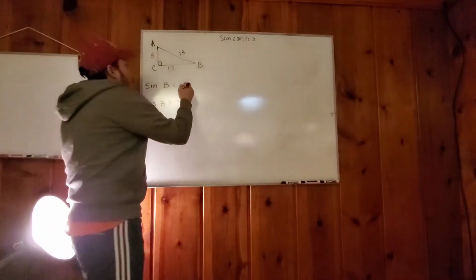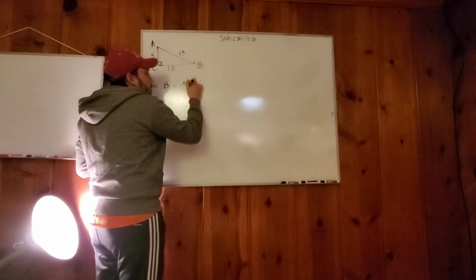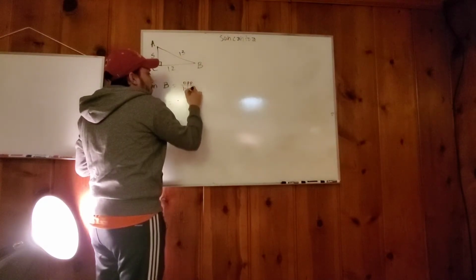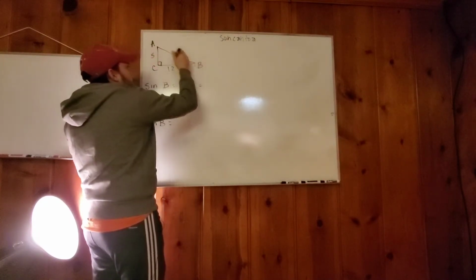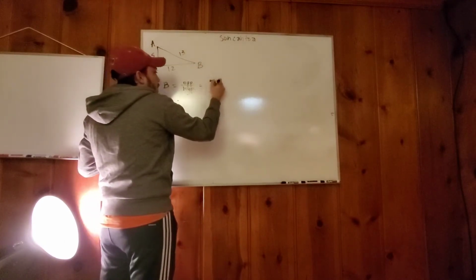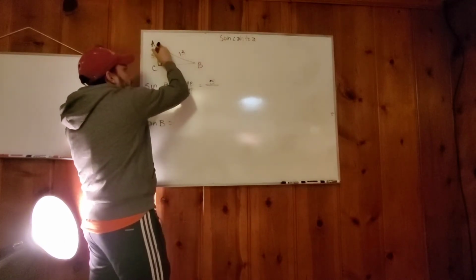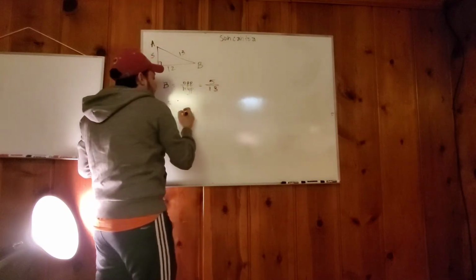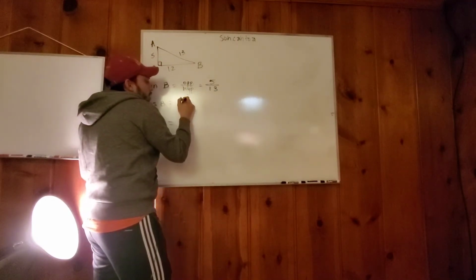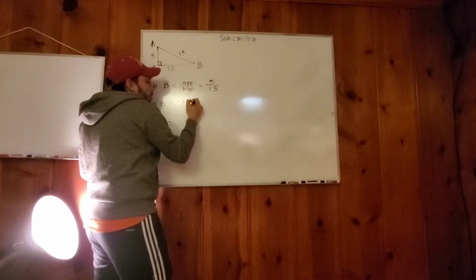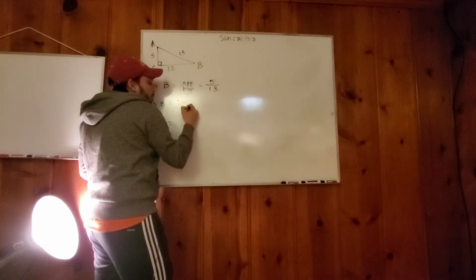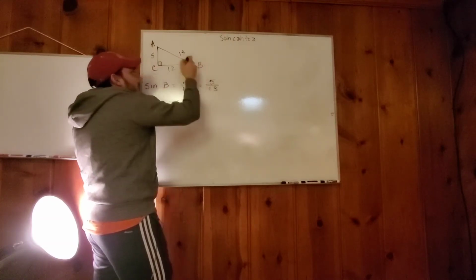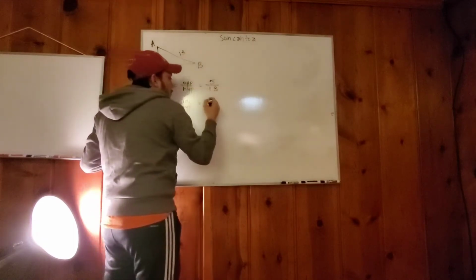So the sine of B is going to be the opposite over the hypotenuse. The side opposite angle B is 5, and the hypotenuse is 13, so 5/13. Cosine is adjacent over hypotenuse. Adjacent is 12, so 12 over 13.